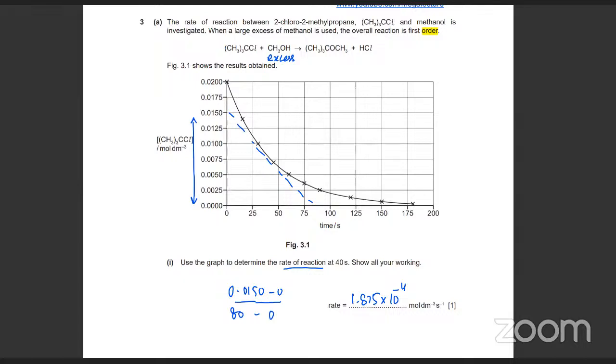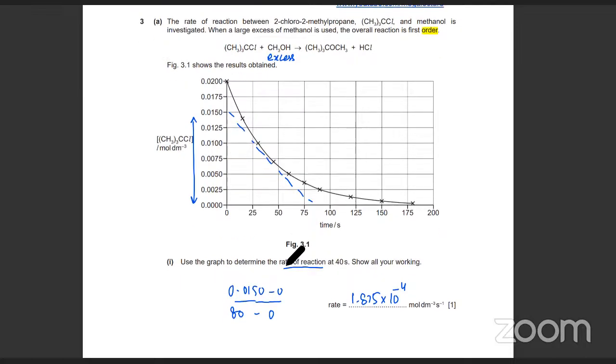So can we do it with half-life, like if it says first order? You can't, at 40 seconds. Actually, it says first order. It is first order, but how would you use the half-life? I mean, you can actually do that. Rate is what?